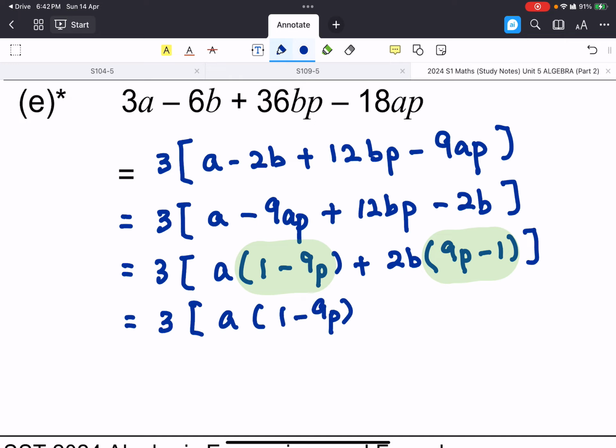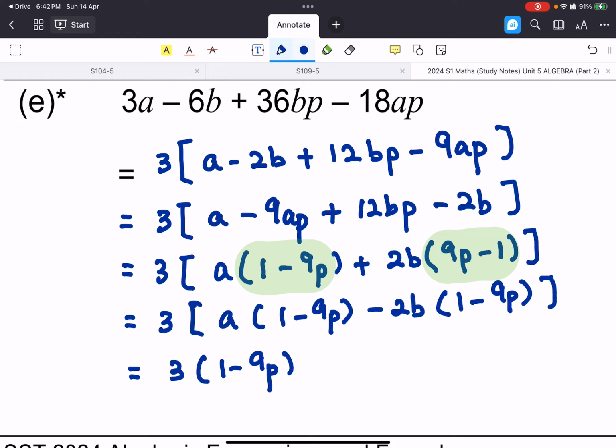So over here, instead of plus 2b, I'm going to do minus 2b, and I will have 1 minus 9p over here. So once I have that done, I will have 3, 1 minus 9p, and a minus 2b over here.